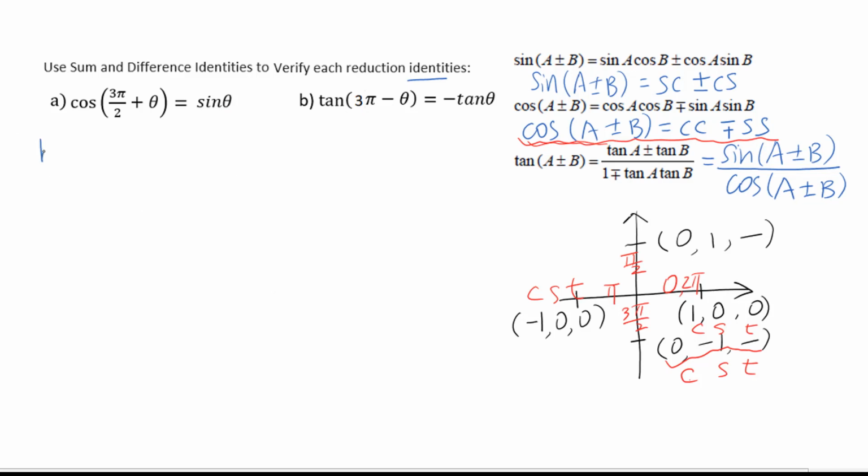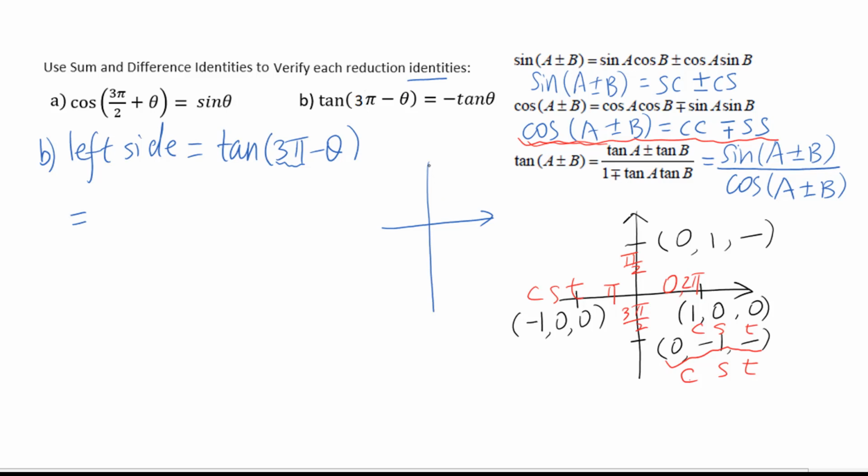Let's go to B. Left side. You have tangent 3 pi minus theta. For this 3 pi, think about this. You have 0, then 2 pi, keep going, 4 pi and 6 pi. This part is pi.